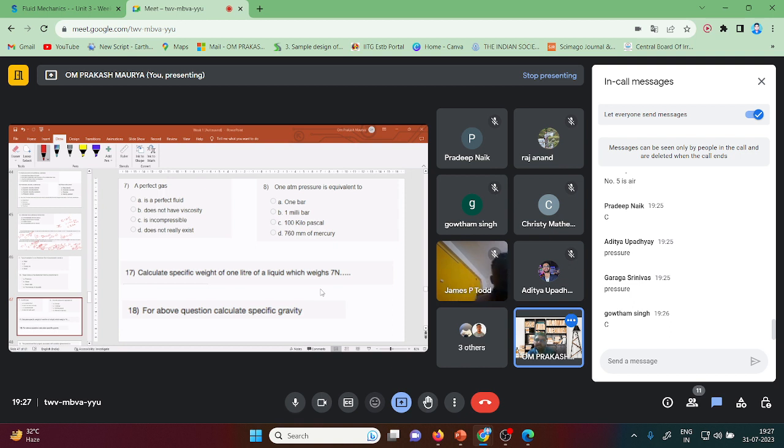A perfect gas means one which follows the ideal gas law, that is PV equals nRT. And question number 8 is about 1 atm, the atmospheric pressure, which is equivalent to 1 bar, 1 millibar, 10 kilobar, and 760 mm of mercury, that is 760 mm of Hg.